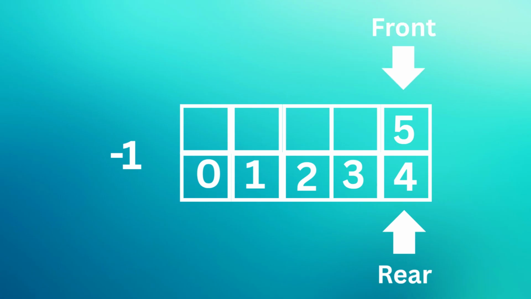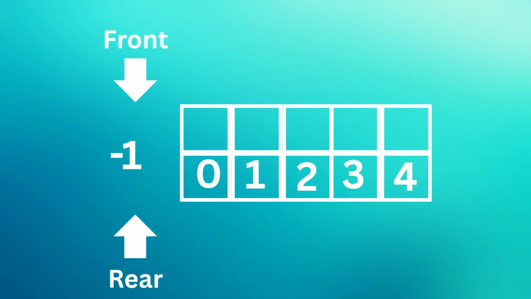Now if you want to remove again one value, our front and back will reset because if ang front kay mas dako or mulapas pa siya sa back or rear, ang atong queue mo reset into -1. So ato front o ang back mo reset mo balik dito sa -1, kay wala naman sulod ang ato ang queue.